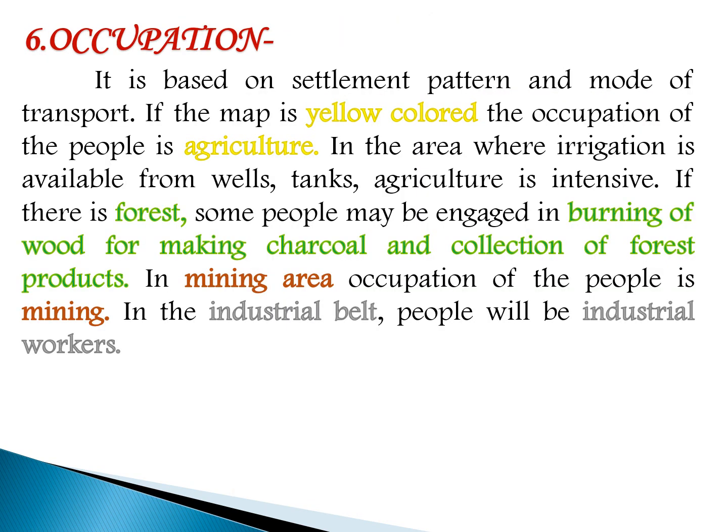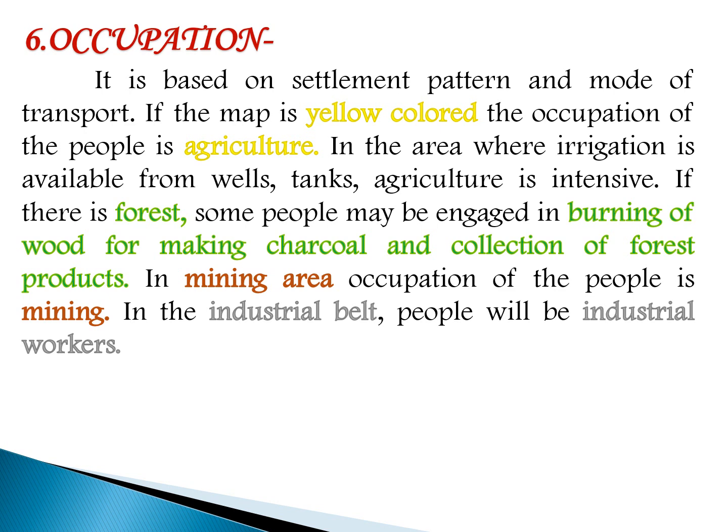Then next, by studying all these, you can write the occupation of the people, what the people in the area might be doing. This depends upon many factors, mainly settlement pattern and mode of transport. So if the map is yellow colored, yellow color represents what? Cultivated land, I told you.